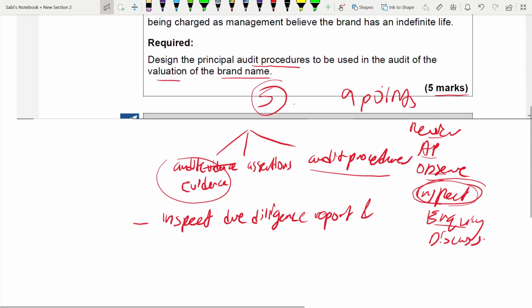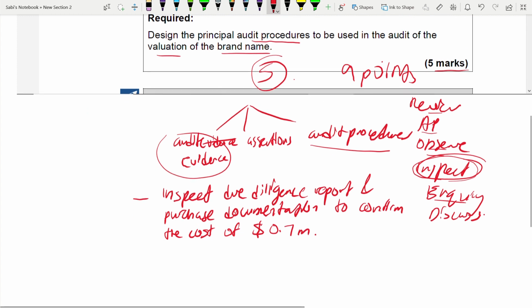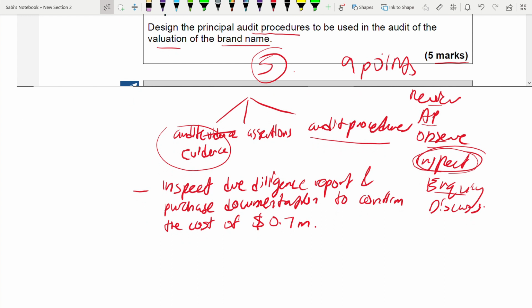Okay. This is intangible assets and purchase documentation to do what? To test what? Cost. To confirm the cost of $0.7 million, or you can write 700,000. It's the same thing. So this is the first audit procedure.